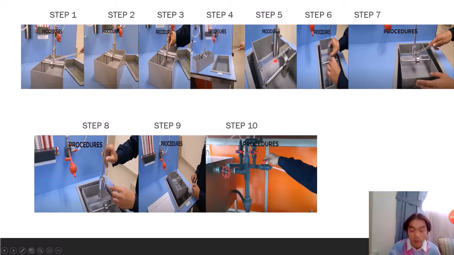Fifth step is we have to check the zero datum between the plumb line and the scale. Okay? So you have to set that it happens at zero scale. Next is we move the adjustable mass to the right of center in 10 millimeter increments. So this is the parameter that we set up from 10 all the way until 80 millimeters.